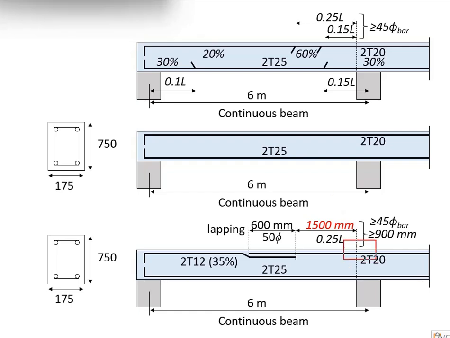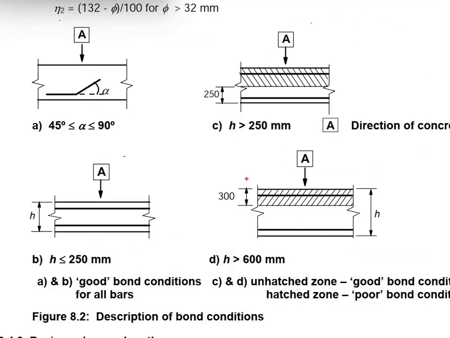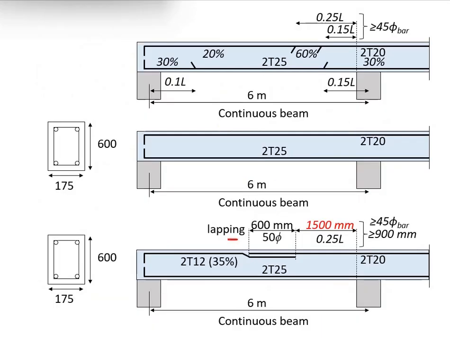Now we are talking about the top reinforcement bar, which in accordance with the Eurocode, for a beam height of 600 mm, the top region will be a region of poor bond. That means if you are lapping the top reinforcement bar here, it will be in a region of poor bond.